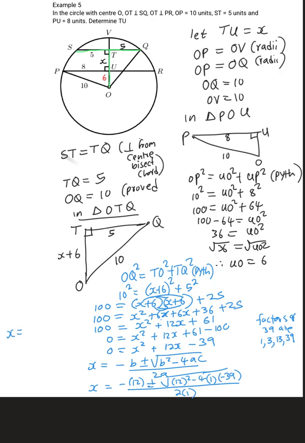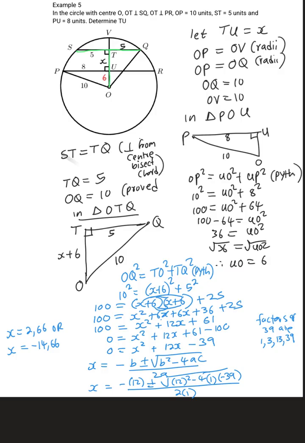So we get x is equals to 2.66, or x is equals to, so we'll get two values. We get another value of minus 14.66, so we get minus 14.66 as a value, right?